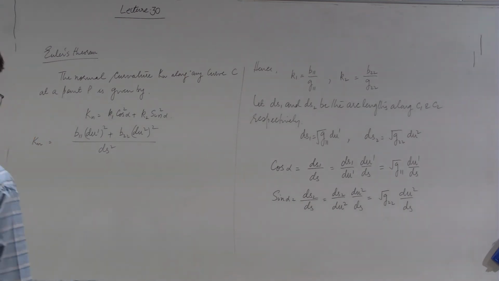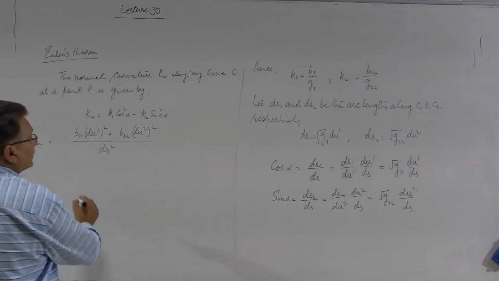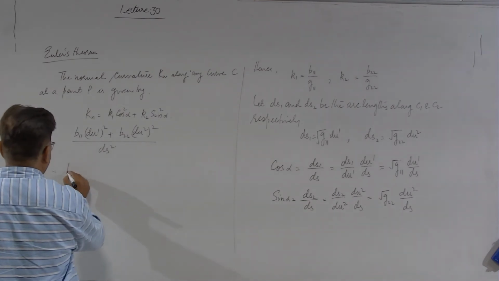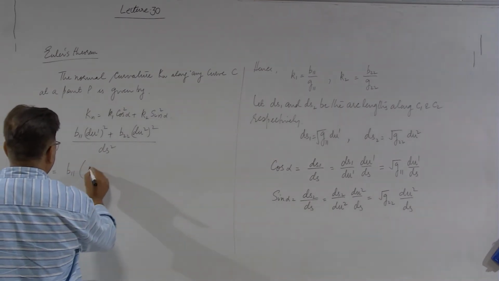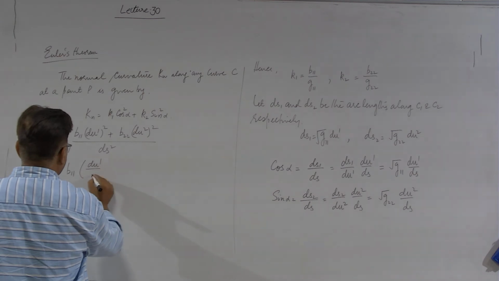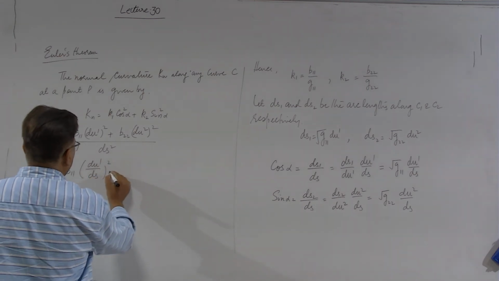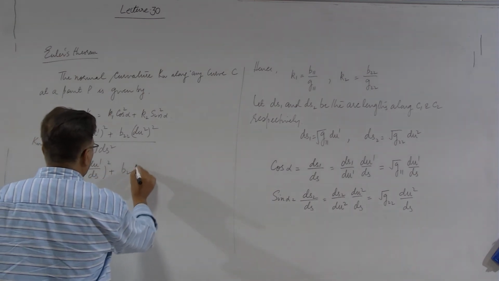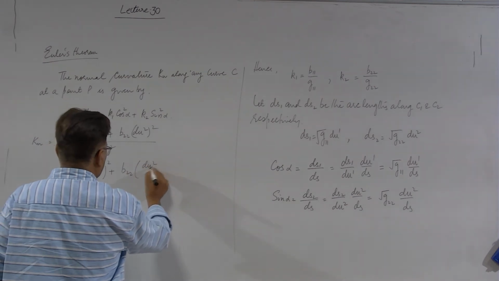This becomes b11 into du1 over ds whole square plus b22 into du2 over ds whole square.